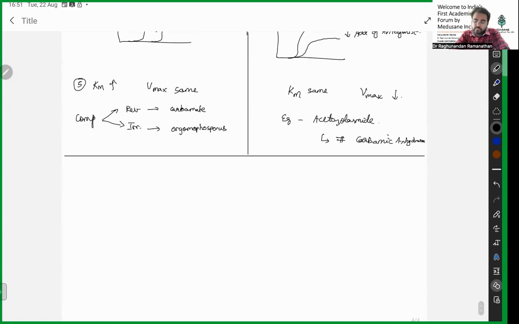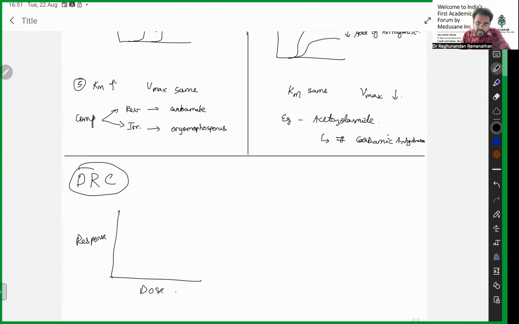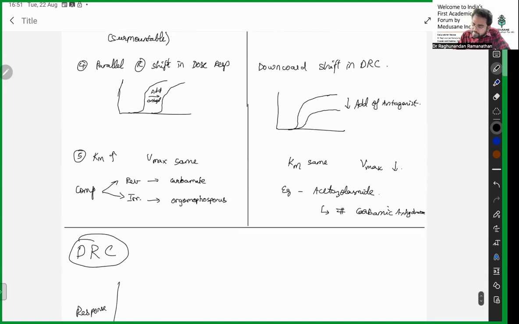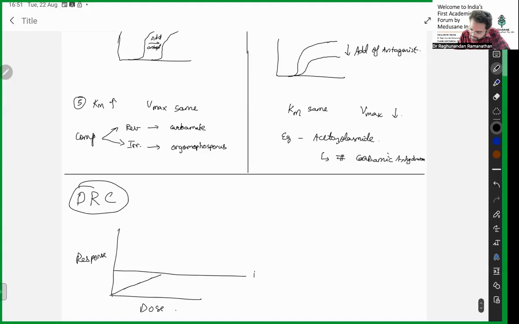Okay, is it clear? Now in between, we mentioned a word, dose response curve. Do you remember? That is what we are going to see. On this side you have the response, on this side you have the dose. Correct? So in this dose response curve, initially you give a dose till it reaches your basal metabolism. Up to here a curve comes. After that, suddenly there is going to be an increase in the response.